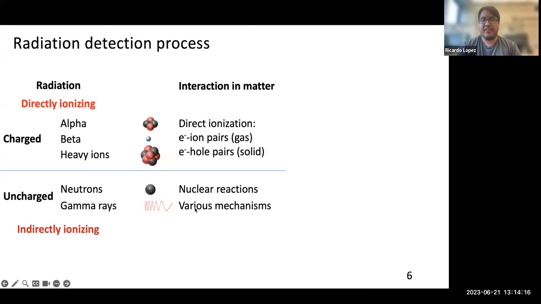So this being with a lot of nuclear reactions with neutrons and various mechanisms with the gamma rays, where via these mechanisms, you end up with charged particles, more oftentimes protons, recoil protons, or recoil electrons, which then actually do the ionization and either create something like electron ion pairs or electron hole pairs if it's a solid or gas, or really it depends on the type of detector that you're working with.